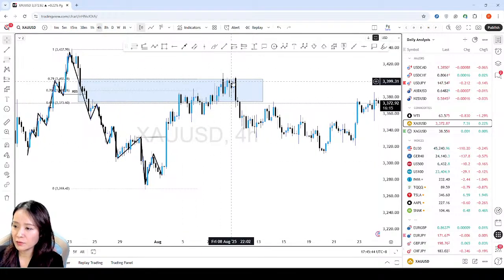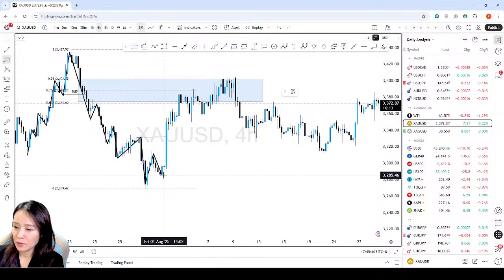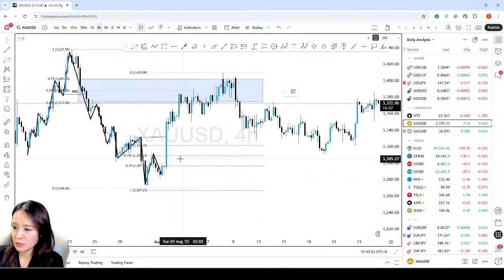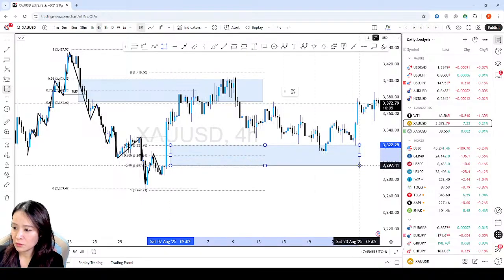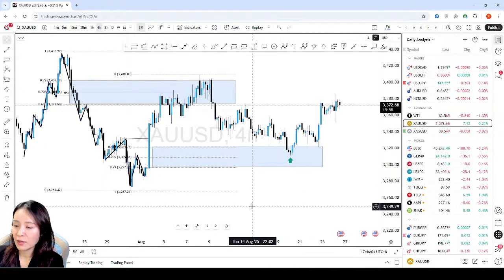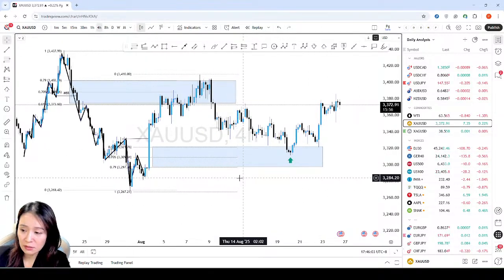Okay, so from here you sell here. If I pull the Fib either here or here for the H4, you're going to get the sell entry, and you're going to get the buy entry here. Correct, when you look at market structure.